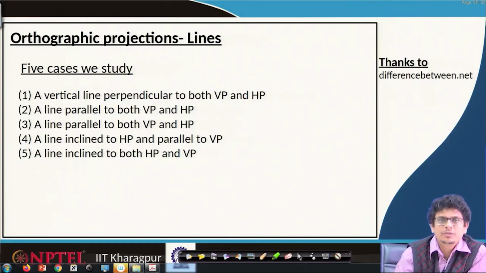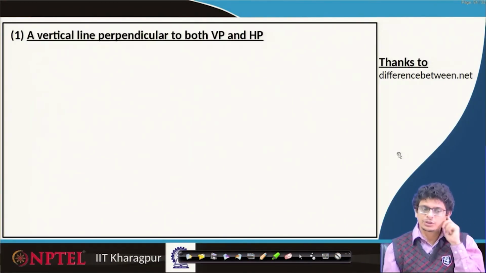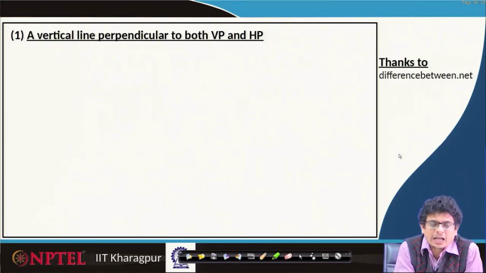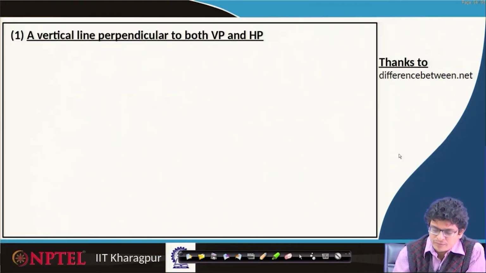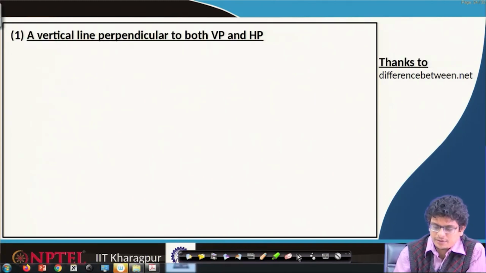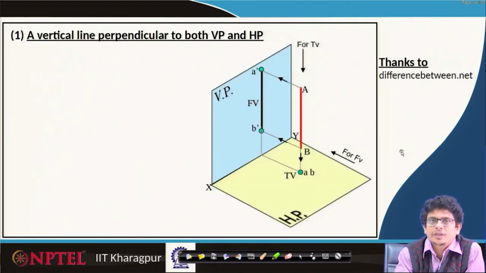Let us look at them step by step. The first question is, a vertical line perpendicular to both vertical plane and horizontal plane. If that is the case, how to construct that line? Let us look at this.